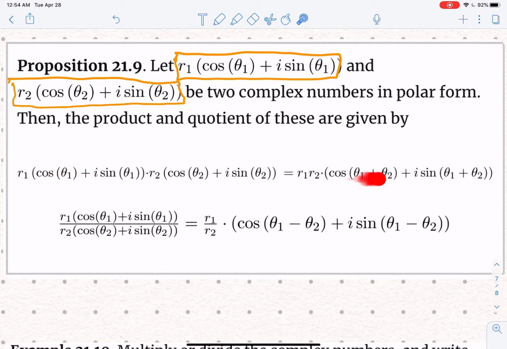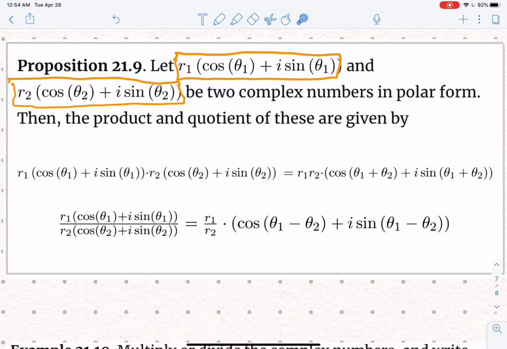The multiplication formula starts by saying, it just looks like a mess, one complex number in polar form times another complex number in polar form. You'll see that this one is exactly our first complex number in polar form, and this one is our second complex number in polar form. And this is saying what happens when you multiply one complex number times another. Well, we're going to get a third new complex number in polar form.